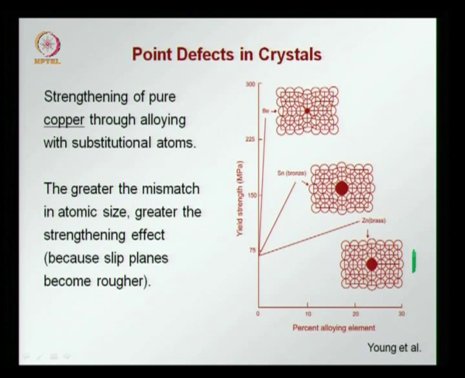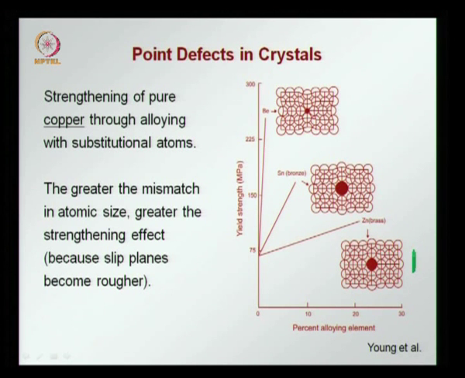Now the question is, why does it increase? One way to visualize it is that when a material such as a metal yields, there is slip occurring in the crystal lattice, that is, one plane in the crystal slides over the other plane, leading to shearing or yielding.